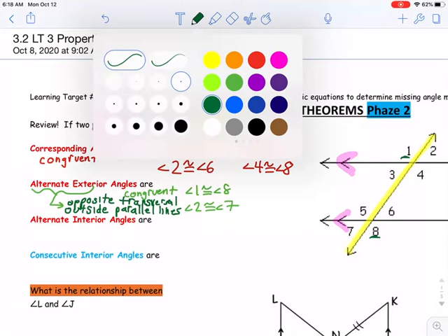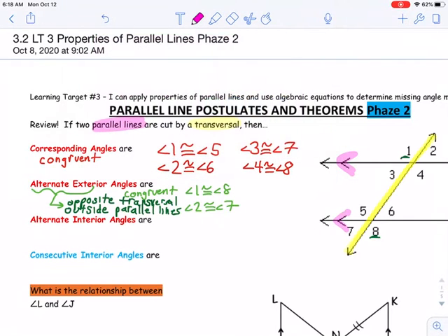So then we have alternate interior angles. Even before we start writing stuff about that, we can say, well, these are going to be on opposite sides of the transversal, but interior means inside the parallel lines.